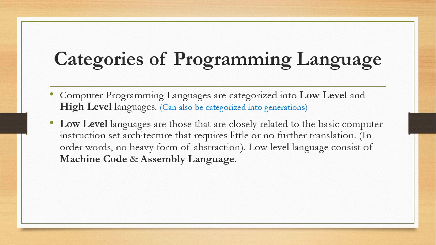Like I was saying before, we are looking at the levels of computer programming in terms of the machine microarchitecture. The low level languages are closely related to the basic architecture of the computer system, that means the way the computer is built.